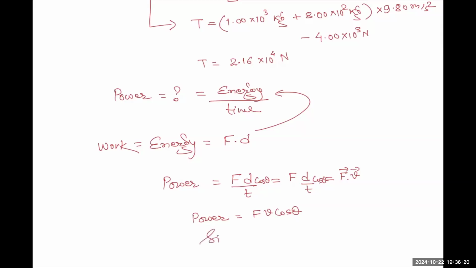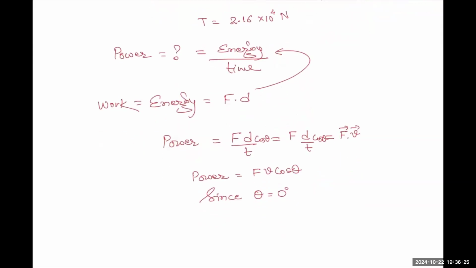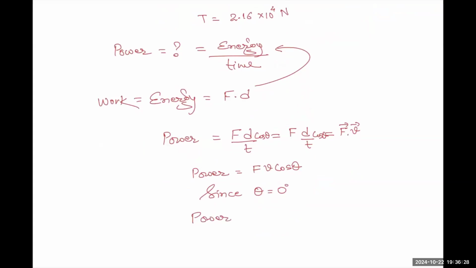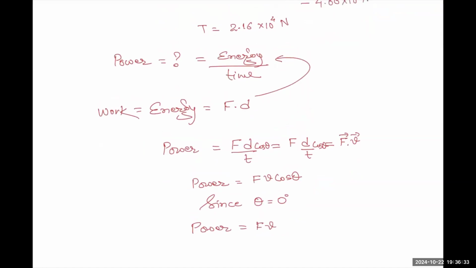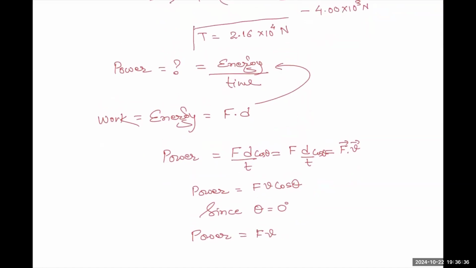So since theta is 0 degrees, my power is simply force times the velocity. And we just calculated this tension, right? Tension is the force acting along the cable in the upward direction.